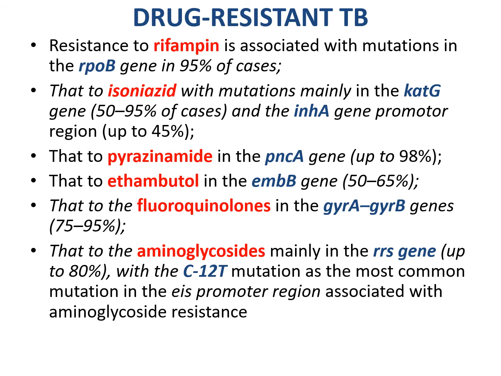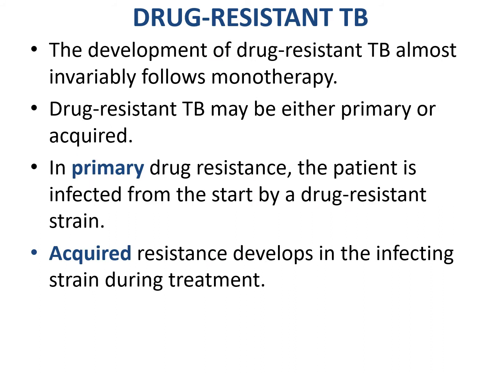Resistance to ethambutol is associated with the embB gene, 50 to 65%. Resistance to the fluoroquinolones is associated with the gyrA and gyrB genes. Resistance to aminoglycosides is mainly in the rrs gene, up to 18%, with the C1402T mutation as the most common, and in the eis promoter region associated with aminoglycoside resistance.